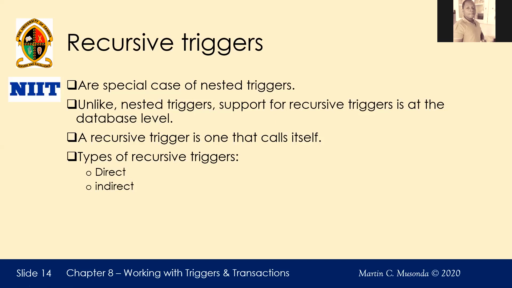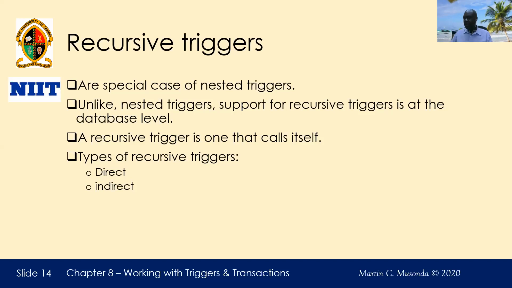Okay. A recursive trigger is one that calls itself. In other words, when the trigger is executing, it will trigger itself in the process. So it forms like a loop. Okay.